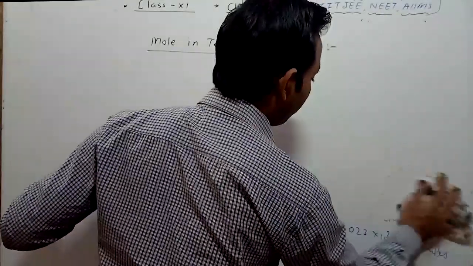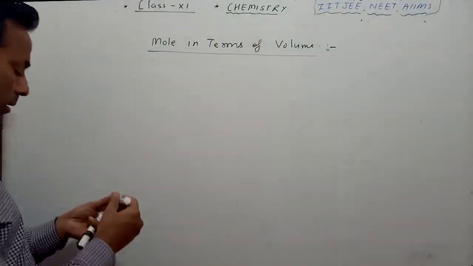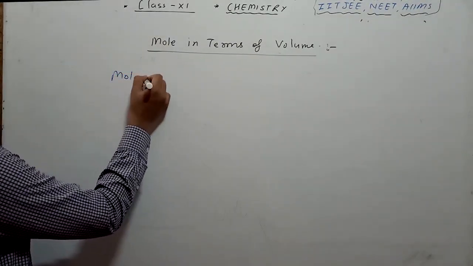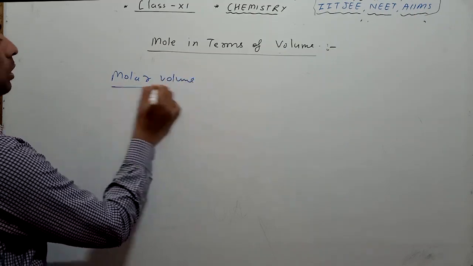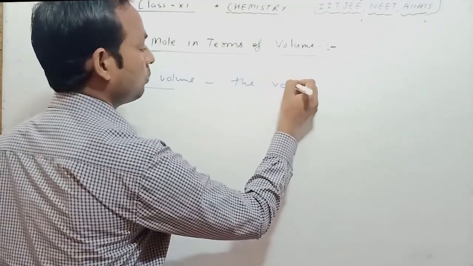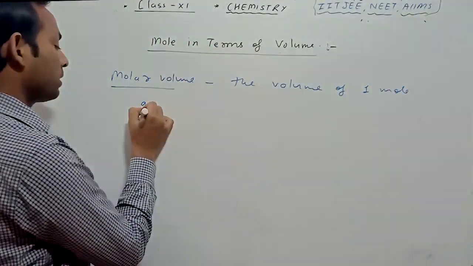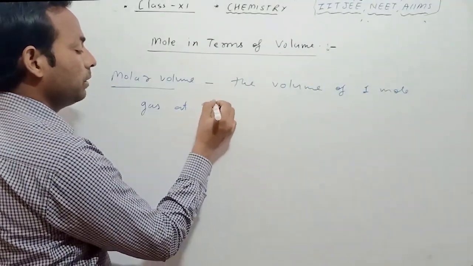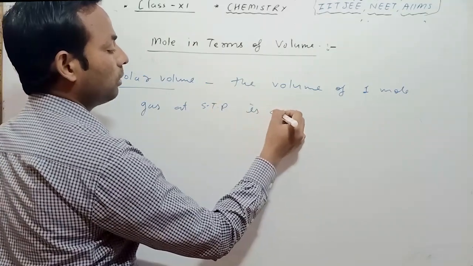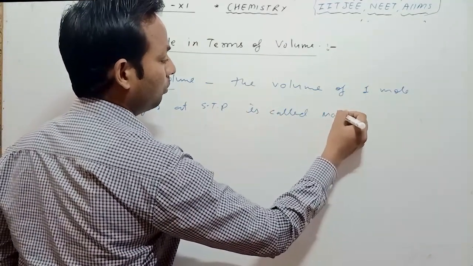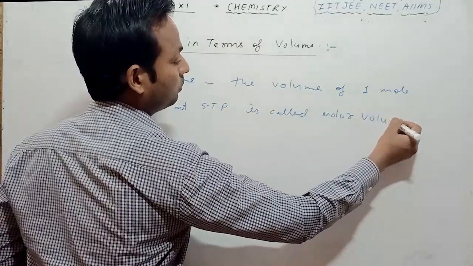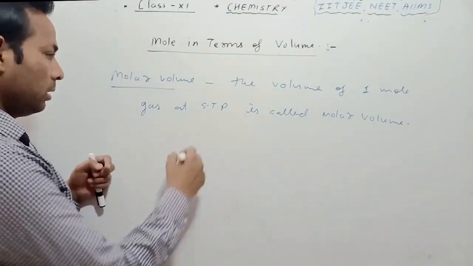So we can easily define molar volume: the volume of one mole gas at STP is called molar volume. Clear?